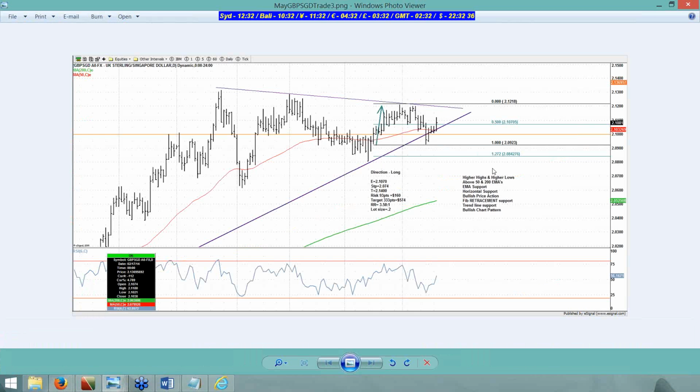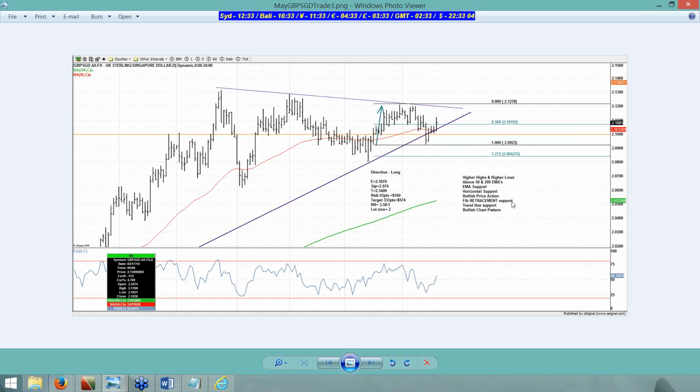Above the EMAs, well, yeah, you are. EMA support, yeah. Horizontal support, okay. Bullish price action. Fib retracement, look, that's almost a double bottom, so you can't say fib retracement.